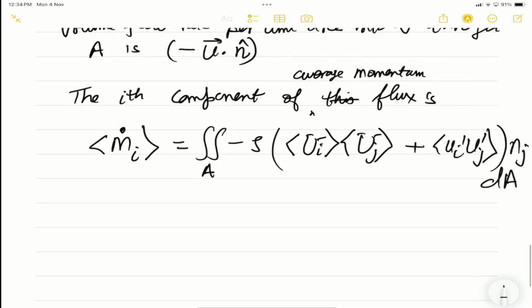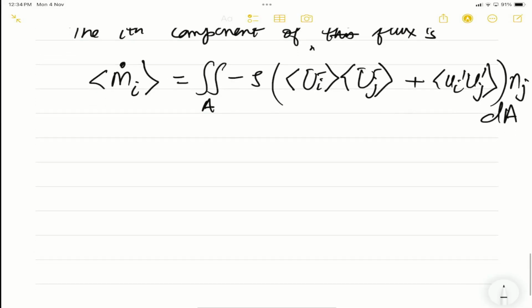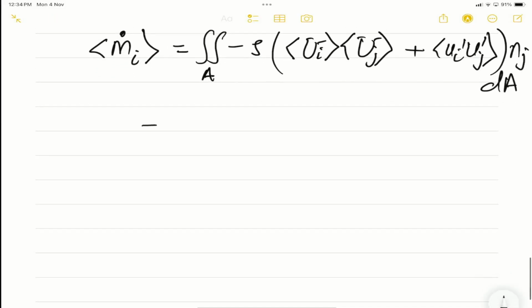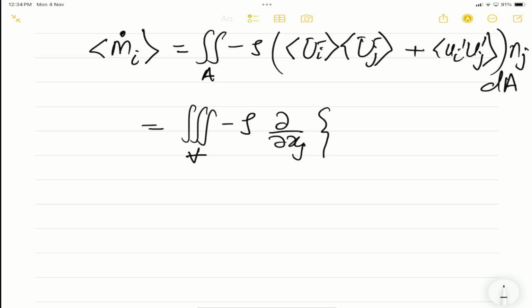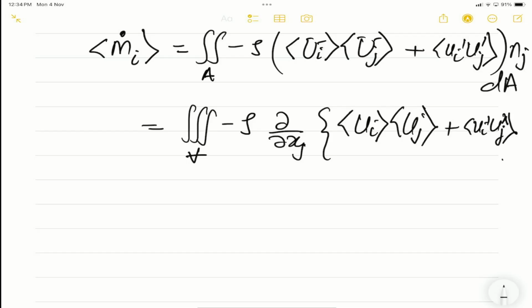So that is why we get these two terms, and then this will become equal to the volume integral of minus rho d by dxj of ui uj plus ui prime uj prime, dV.